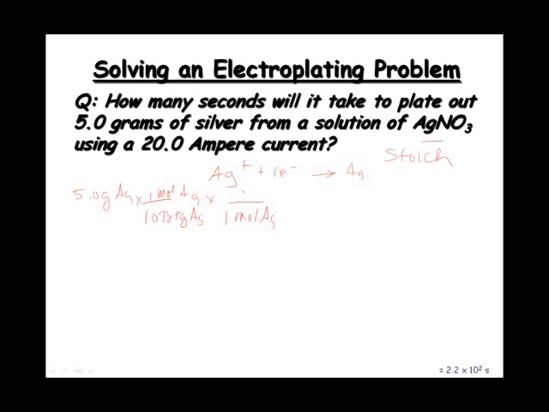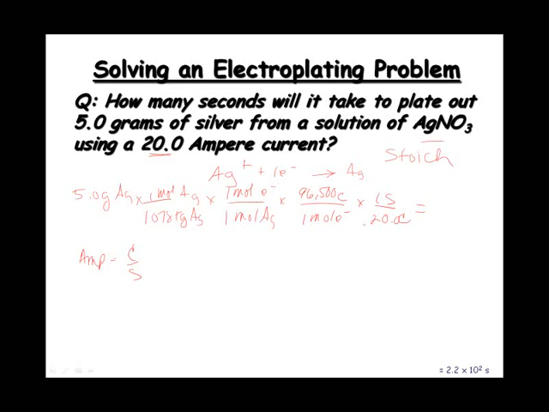So 1 mole of silver provides 1 mole of electrons, and what I know is 1 mole of electrons is 96,500 coulombs, and because I've got 20 amps, remember amps are coulombs per second, that's going to be 20.0 coulombs in 1 second.